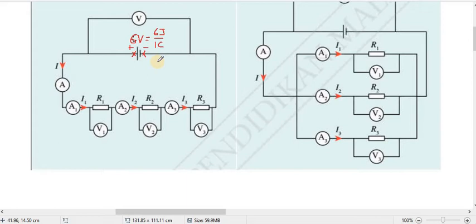The negative will repel the electron and the positive will attract the electron. So that's why the electron can flow from the negative to the positive. Because of the difference in charge, one side repels, one side attracts, then the charge can flow.